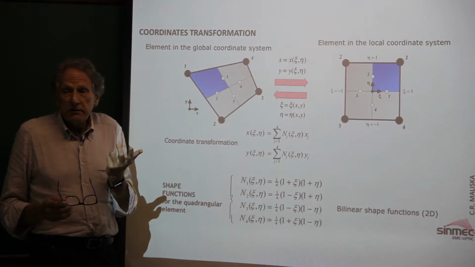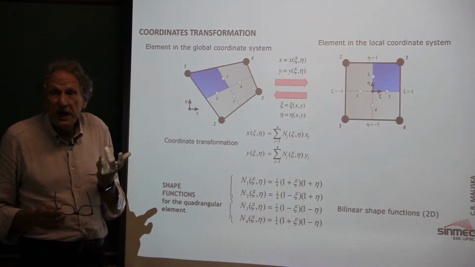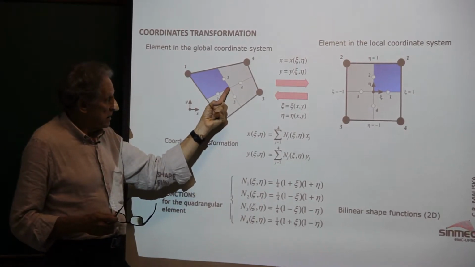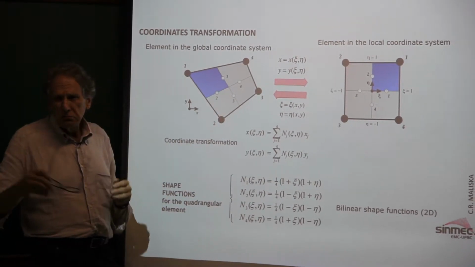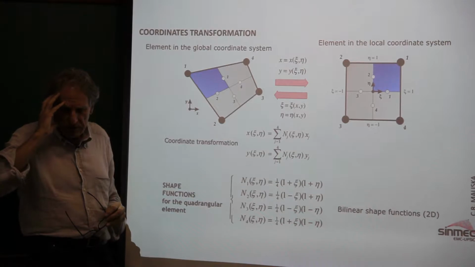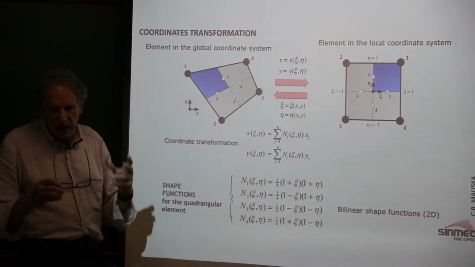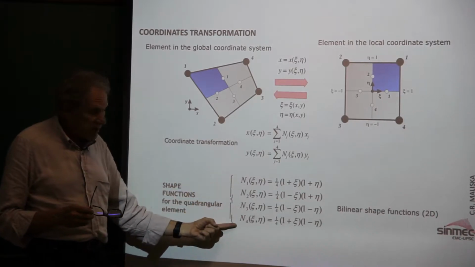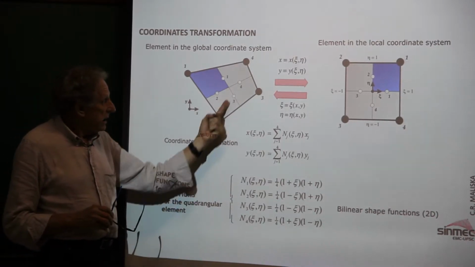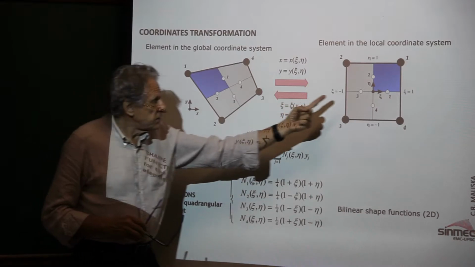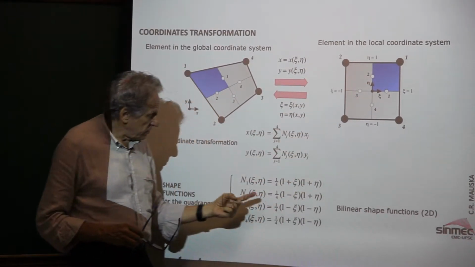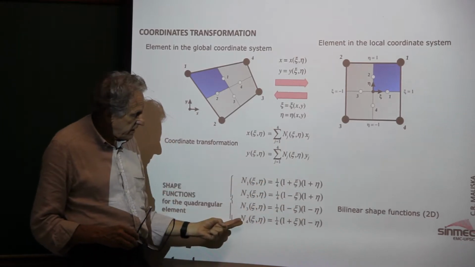So if I want to have the X and the Y in the center of the element, right there, what you will do if you don't use shape functions is some kind of average. But this is really the average too. In the center, xi is equal to 0 and eta is equal to 0. So you just put 0 everywhere here.